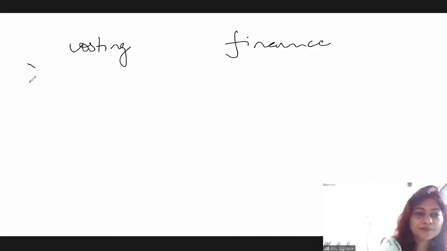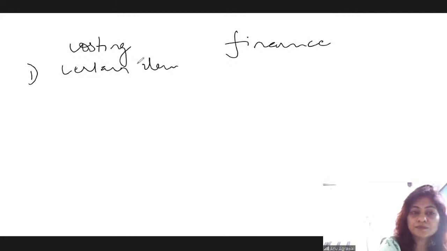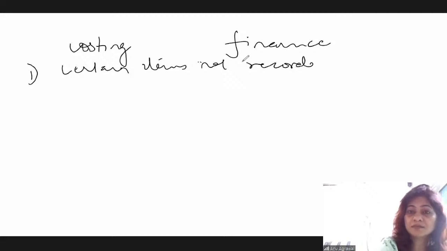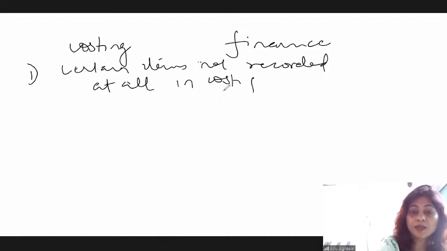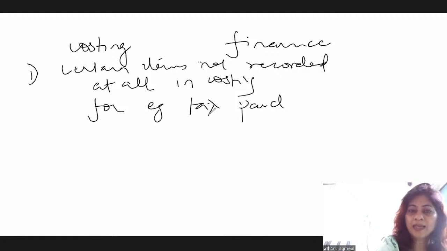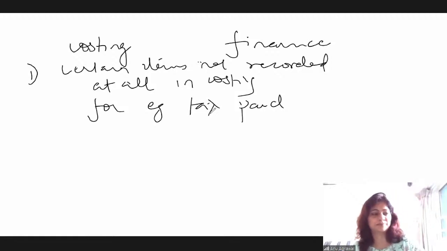Difference number one: certain items are not recorded at all in cost. For example, tax paid. Now, did you find any place for tax?